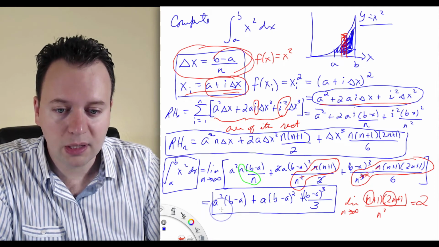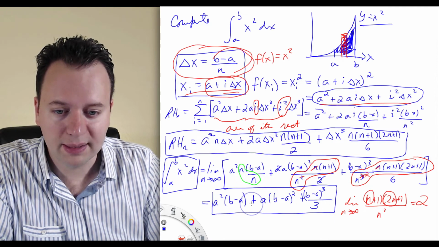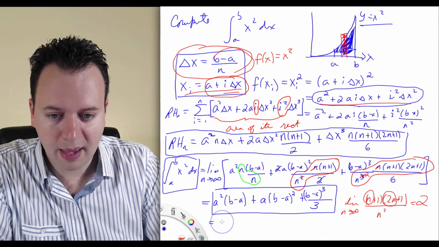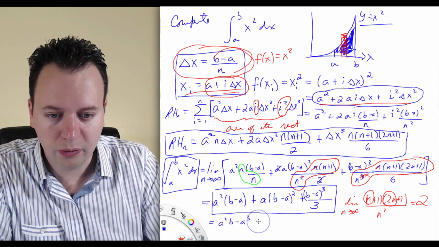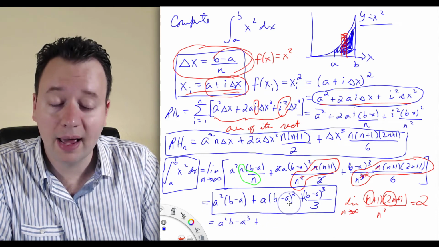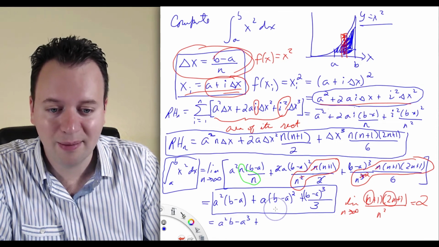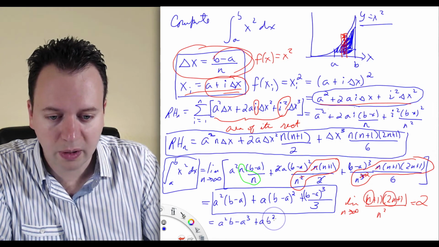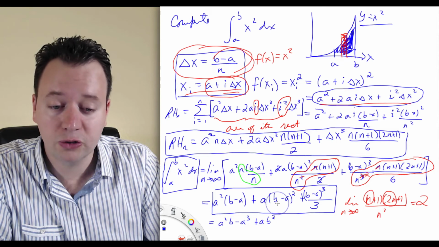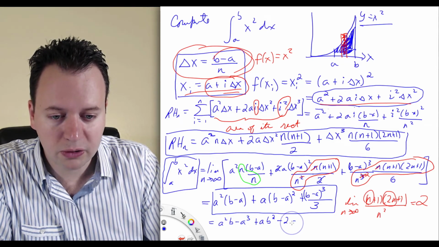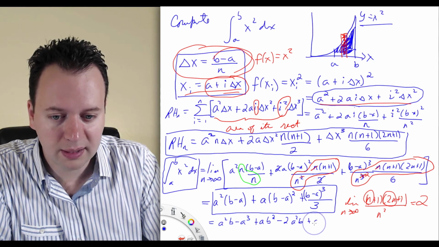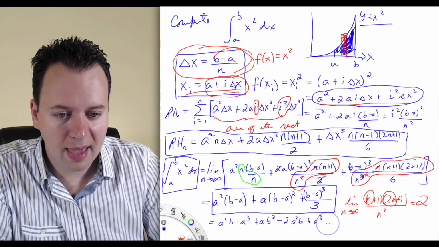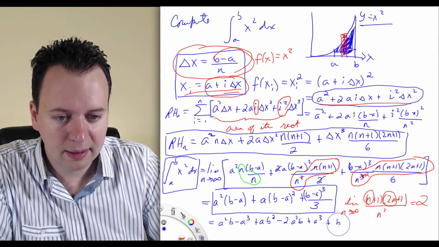Now we can actually simplify this sum. So this is the same as a squared times (b minus a), plus, now when I expand (b minus a) squared, I get b squared, so that's ab squared. And then I get minus 2ab, so that's minus 2a squared b. And then I get plus a squared, so that's plus a cubed. And then I get plus b cubed.